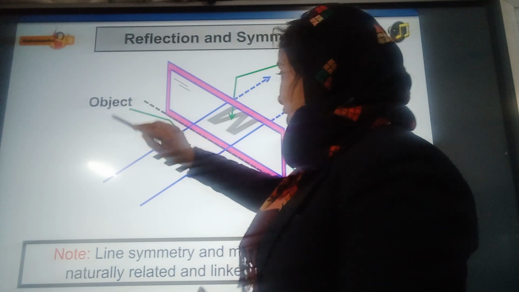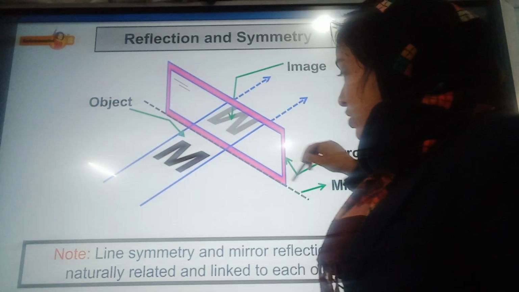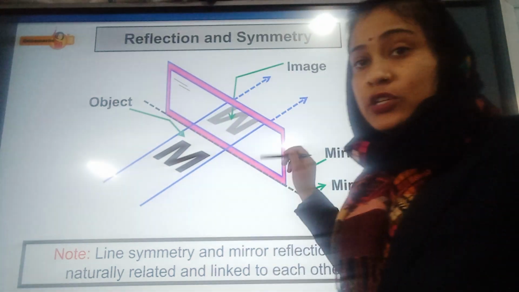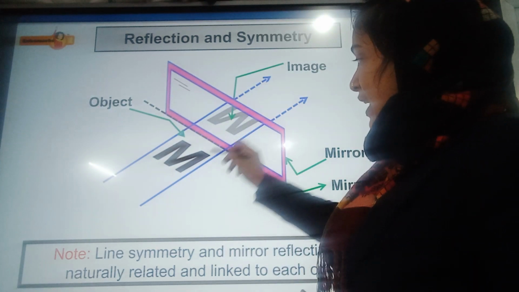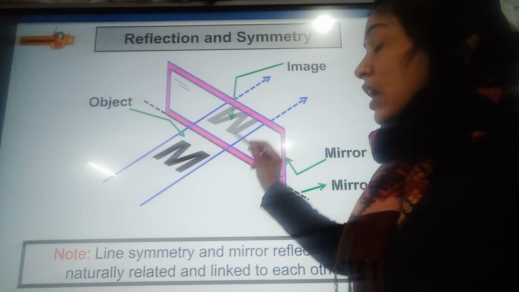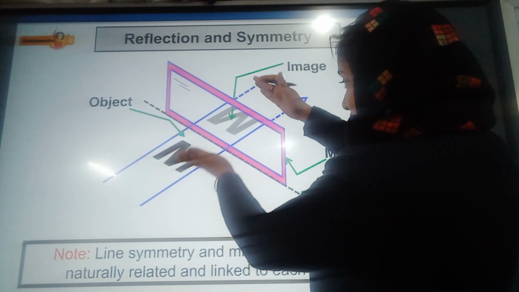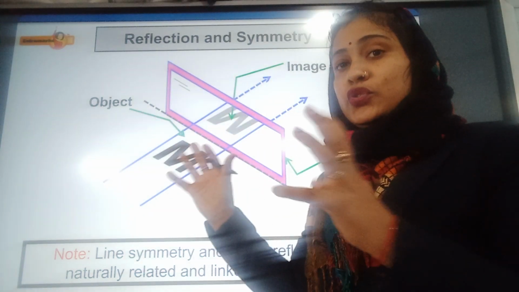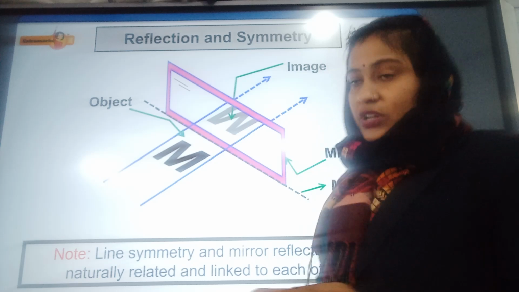This is the mirror line, about which we get the symmetrical image and object. How is it? When we fold the two alphabets, we will find that they are identical or symmetrical.